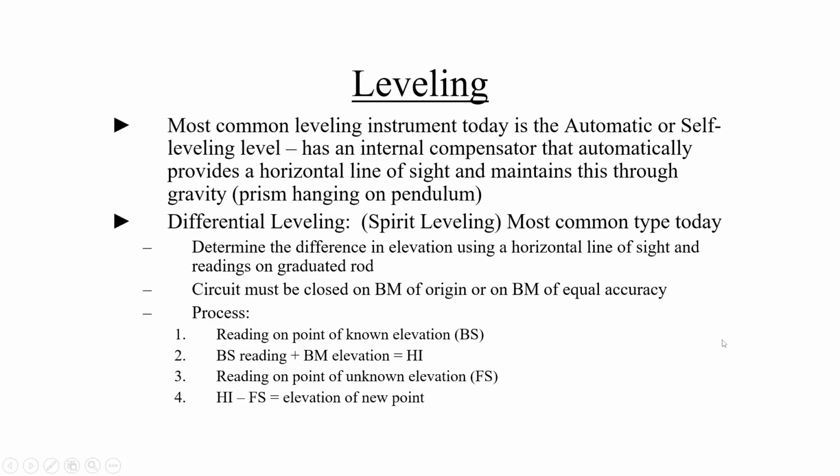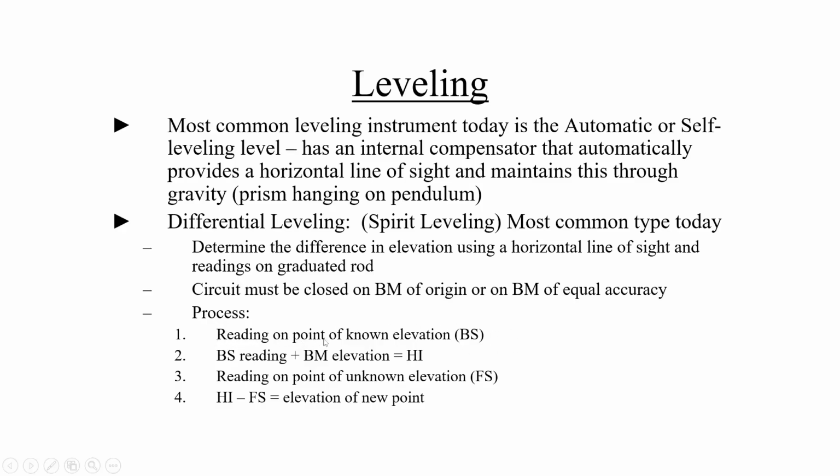We use differential leveling or spirit leveling, the most common type today. It determines the difference in elevation using a horizontal line of sight and readings on a graduated rod. The circuit must be closed on the benchmark of origin or on a benchmark of equal accuracy. The process consists of several steps.